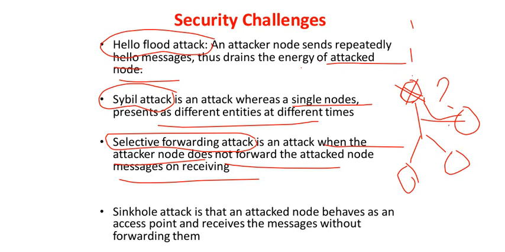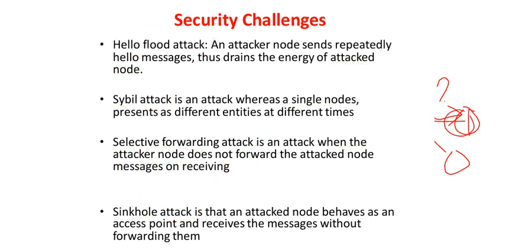And you have the sinkhole attack, where the attacked node behaves as an access point and receives the messages without forwarding them. So this node itself starts acting as an access point, and without forwarding the messages, it keeps them there, and you will no longer be able to get the messages forwarded to the remaining part of the system.